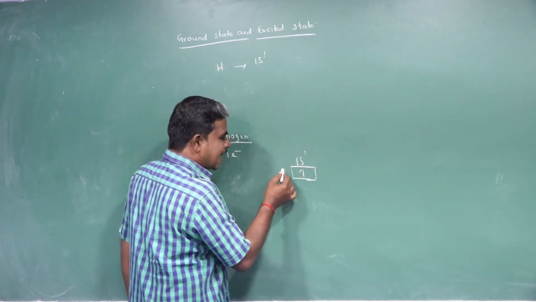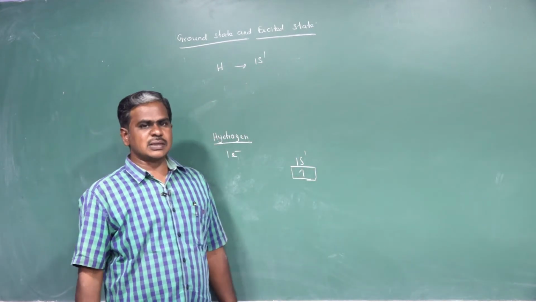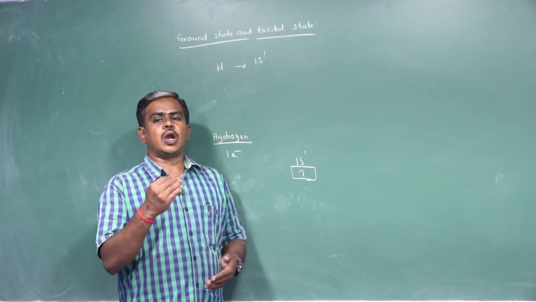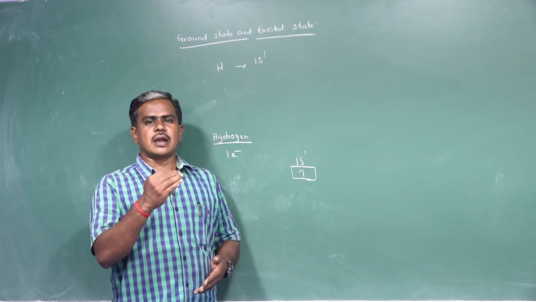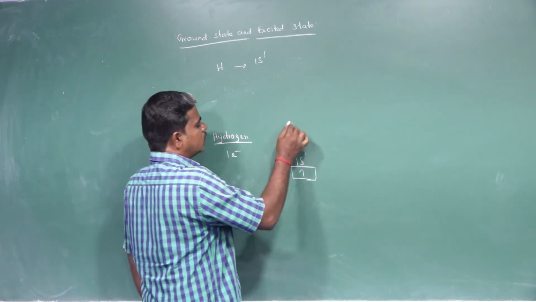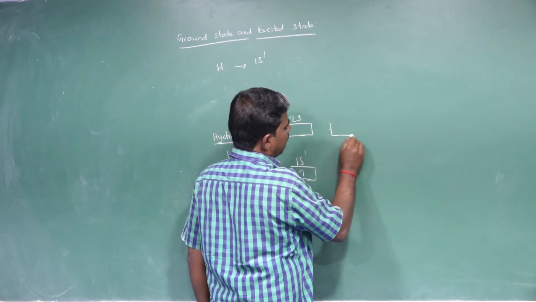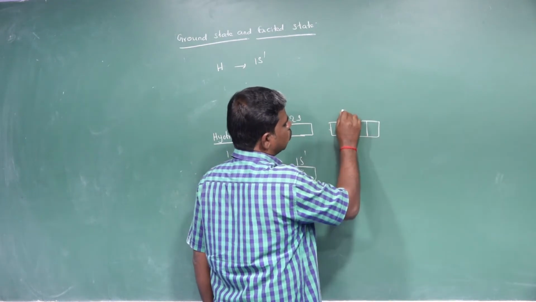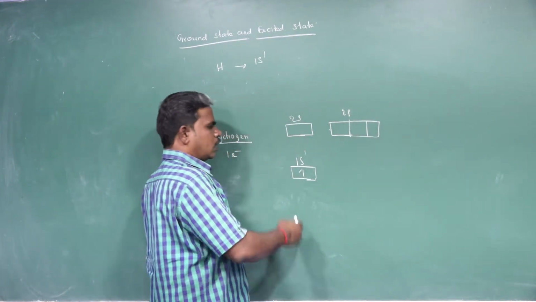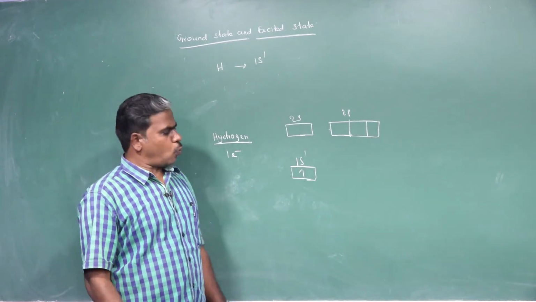Now it is a ground state because it occupies the lowest energy level at a normal state. The 2s and 2p orbitals are unoccupied. Now what will happen?